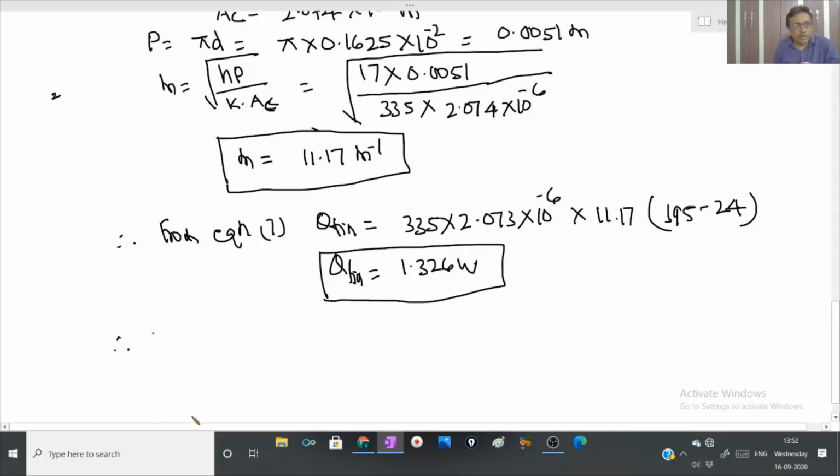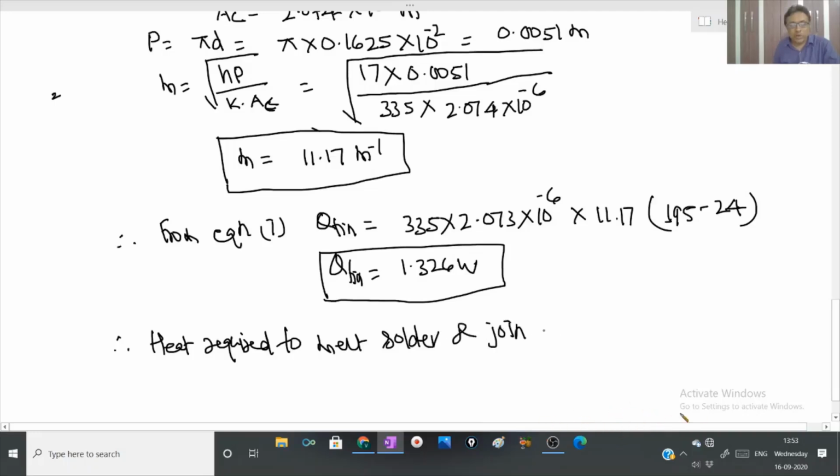So the heat required to melt solder and join copper wires is nothing but twice the heat dissipated by one fin.